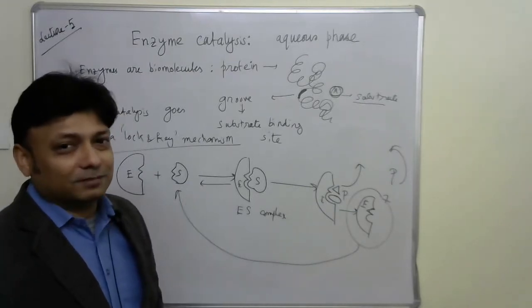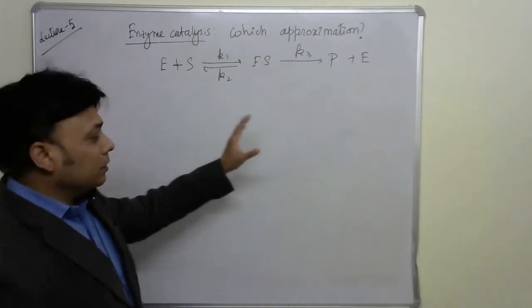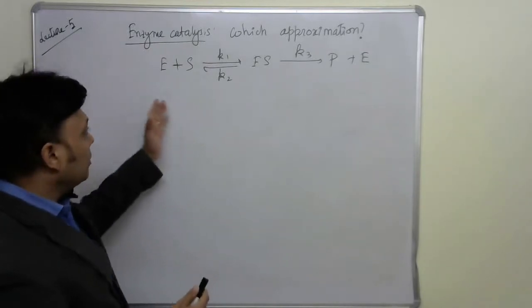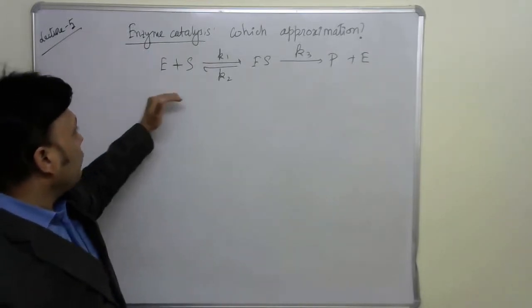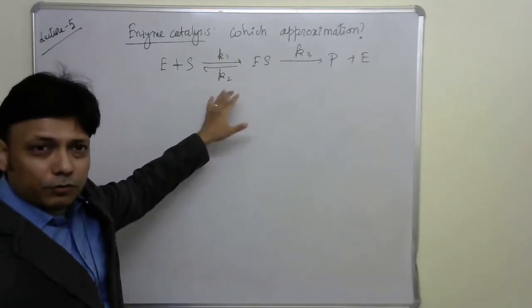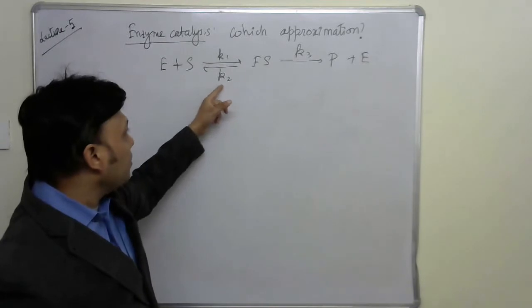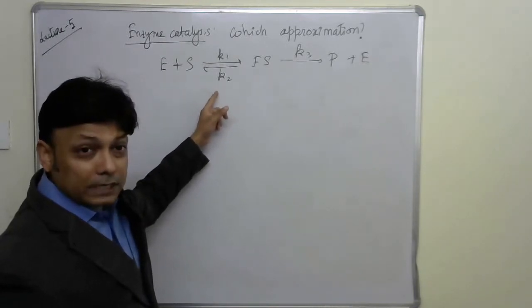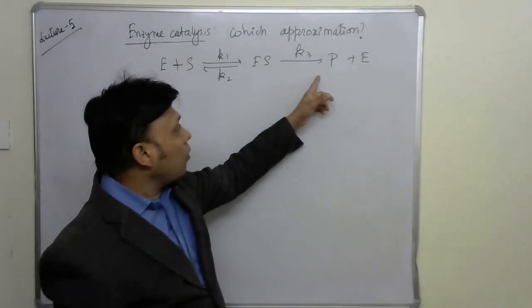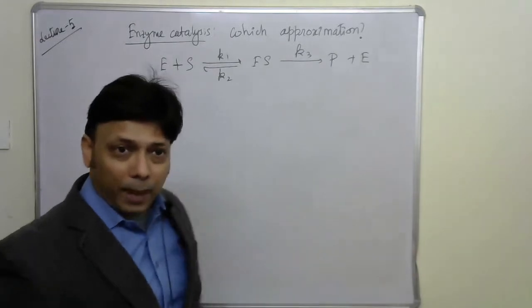So here I have rewritten the same enzyme substrate reaction in the form of mechanistic steps. Enzyme plus substrate reversibly form ES, and the rate constants are k1 in the forward direction and k2 in the backward direction, and once the ES is formed, it forms the product following the rate constant k3, plus the enzyme back.